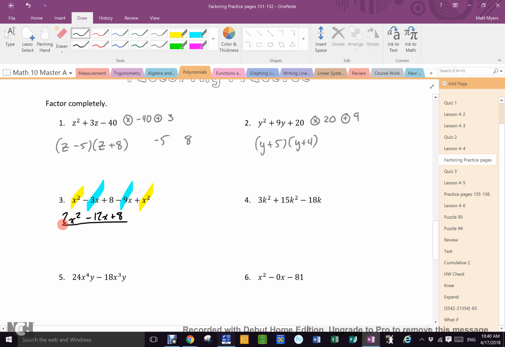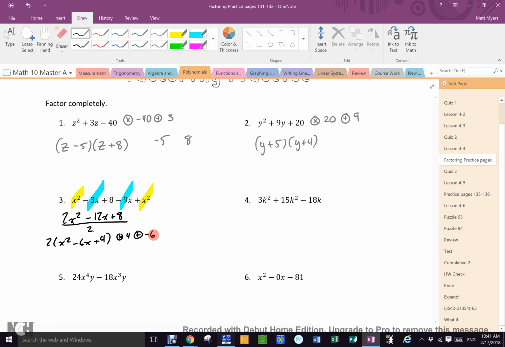I don't like that 2, so we get rid of it. I get rid of that 2 by dividing by 2. Does that dividing by 2 work all the way through? Yep. So I have x squared minus 6x plus 4. Now, are there numbers that multiply to 4 and add to negative 6? 1 and 4?